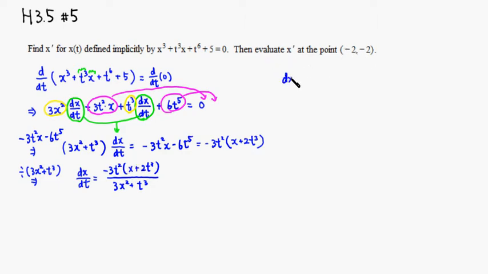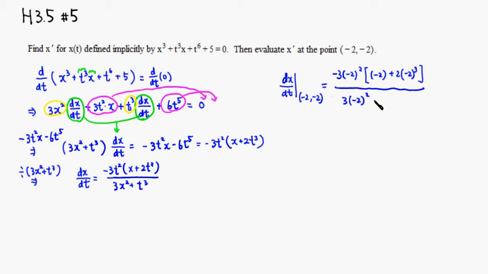So dx over dt evaluated at (-2, -2) is: negative 3 times (-2) squared, times (x, which is -2, plus 2 times (-2) cubed), all over 3 times (-2) squared plus (-2) cubed.